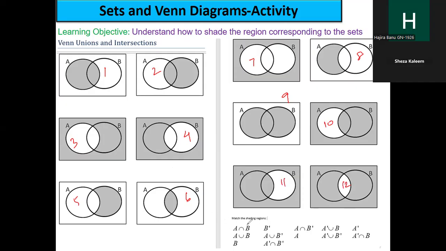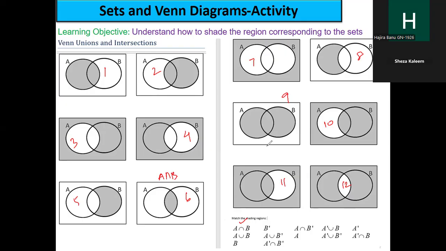Now, first, A intersection B is the sixth one. Now, tell me, B complement is which one? The 11th one is B complement. Are you sure? What is B complement?